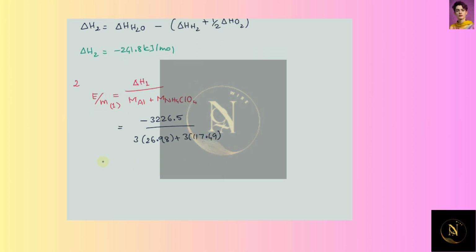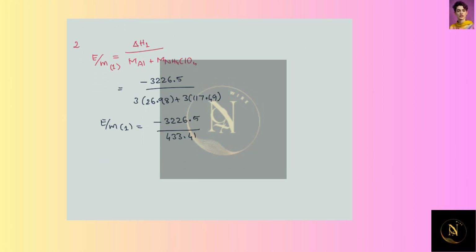On solving this, the energy to mass ratio of reaction 1 will be equal to minus 3226.5 divided by 433.41. On dividing this, we get the energy to mass ratio of fuel 1 equal to minus 7.44 kilojoule per gram.